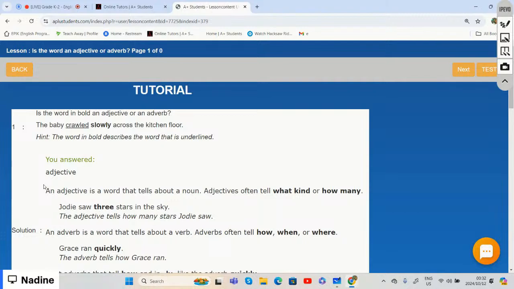All right, so now it says the baby crawled slowly across the kitchen floor.